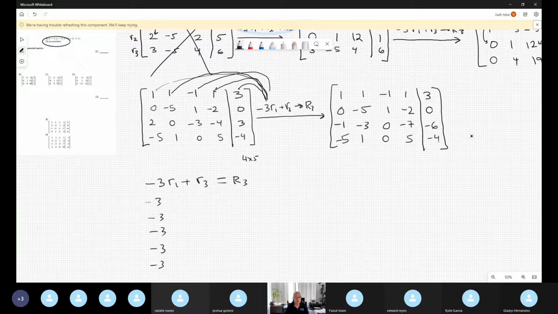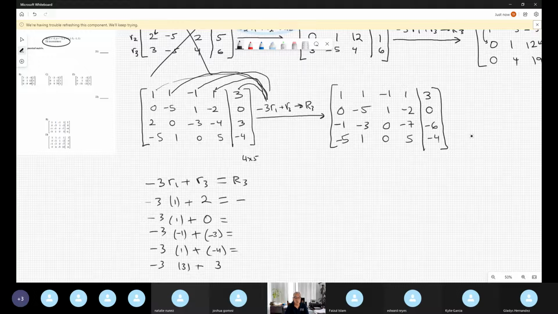And you multiply by row 1, which is 1, 1, negative 1, 1 and 3, plus the corresponding value. At least it's more visual, no? The R3, which is 2, 0, minus 3, minus 4, and 3.